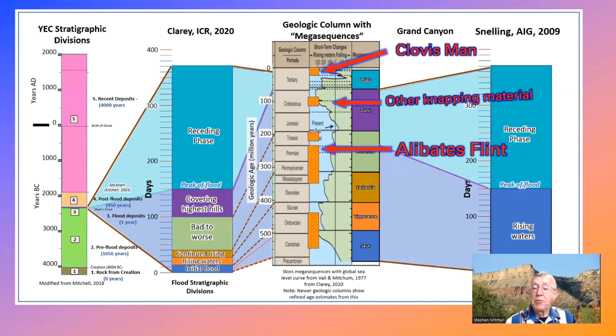And when you have a material that you can do that with, it's called knapping material. And there's other knapping material that's considerably younger than this. Another favorite material comes from the flints in the Cretaceous period. And there's even some in the Ogallala Formation, although that wasn't a favorite of theirs. And then you can see where Clovis man would have been right up at the top. So he would have been very young in this type of picture. So how did they form?